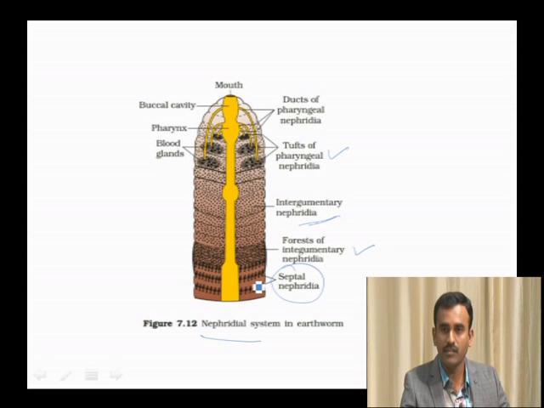Nephridia are the excretory organs, as I told you, which help in the elimination of nitrogenous waste, and the vermicompost is the undigested waste or partially digested waste which comes out of the body of the earthworm, rich in nitrogen, which is one of the macronutrients responsible for normal growth and development as well as for the reproduction in plants.